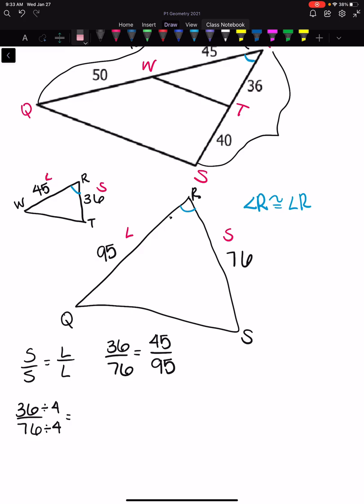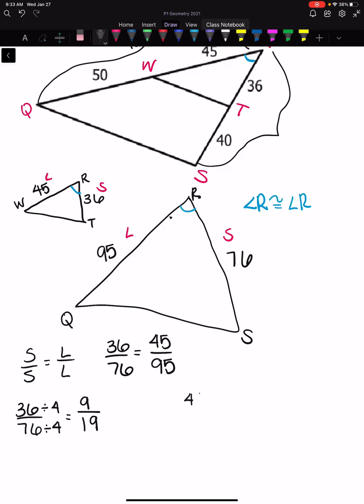Right? I know 36 divided by 4 is 9. And I know 76 divided by 4 is 19. Right. I can't reduce 9 and 19 anymore, so I'm going to leave that fraction how it is.